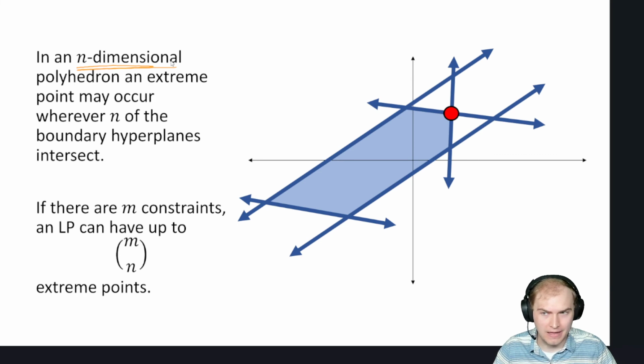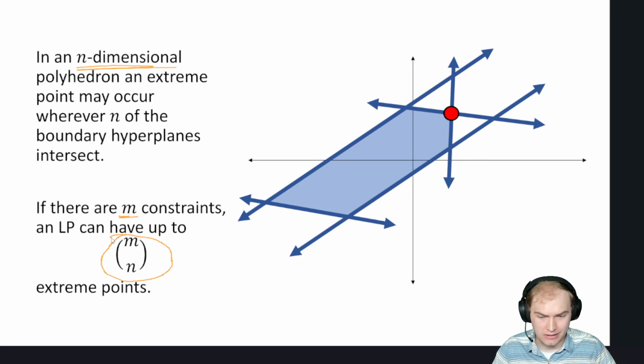Wherever n of our constraints intersect each other at equality. So if we have m constraints, our LP could have as many as m choose n extreme points.